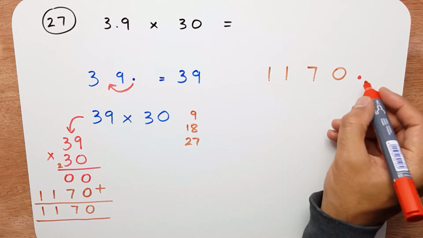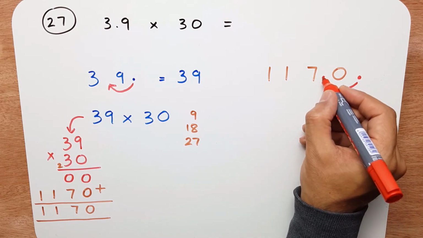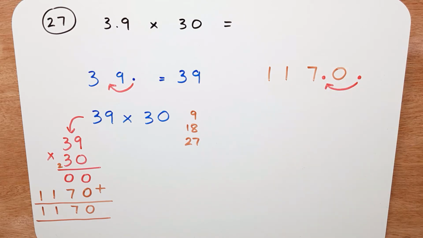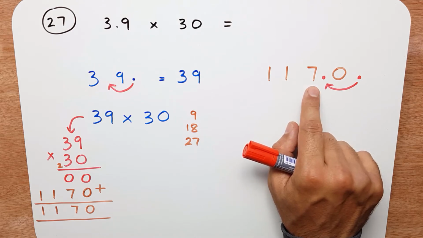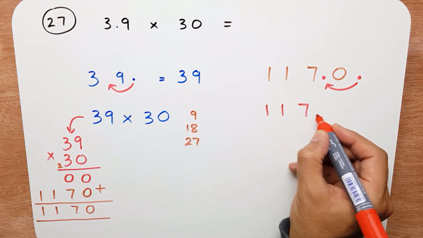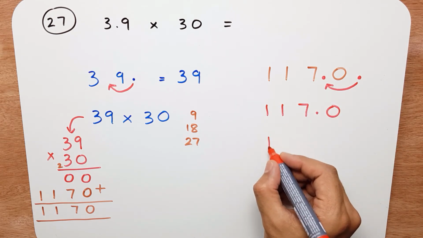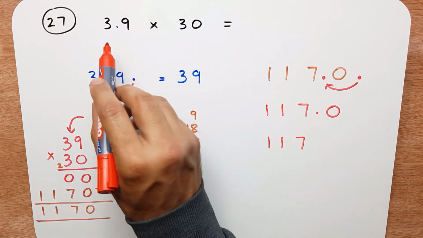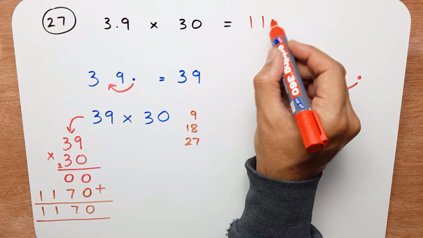So what we need to do is move this back one place. There. So the answer is 117. So the answer is 117.0. And that is the same as 117. So I can say 3.9 times 30 is 117.